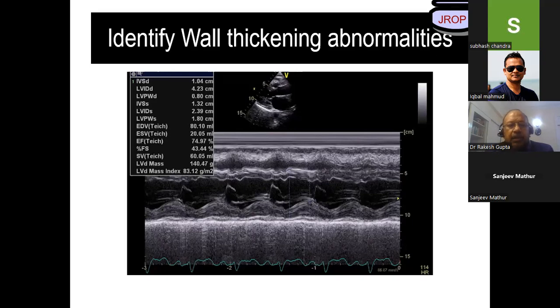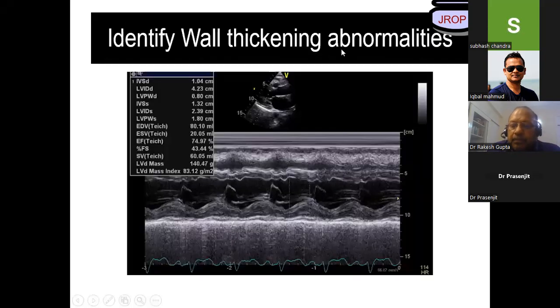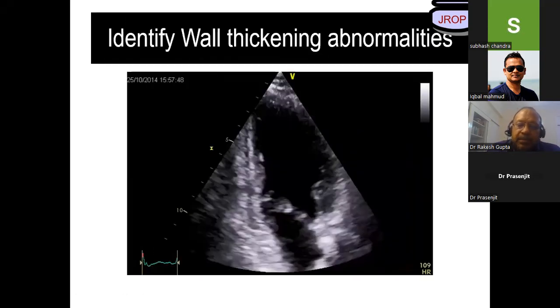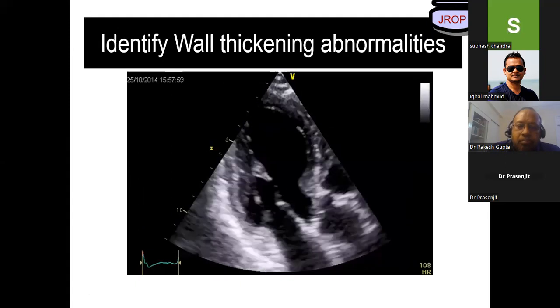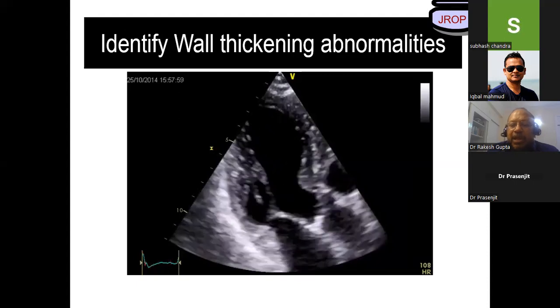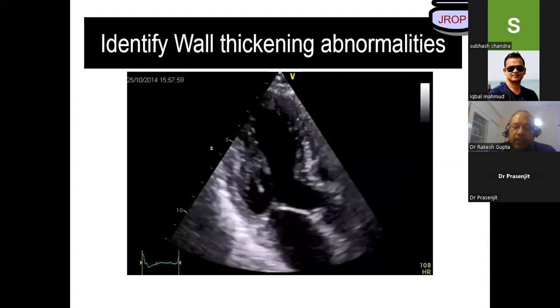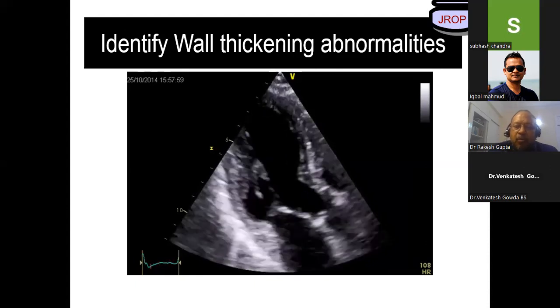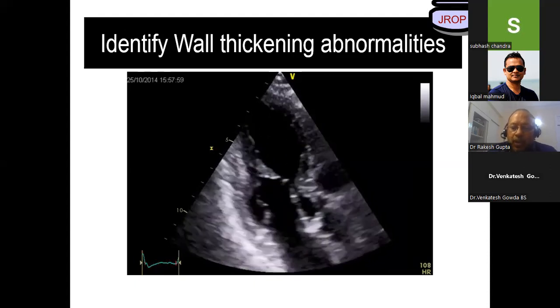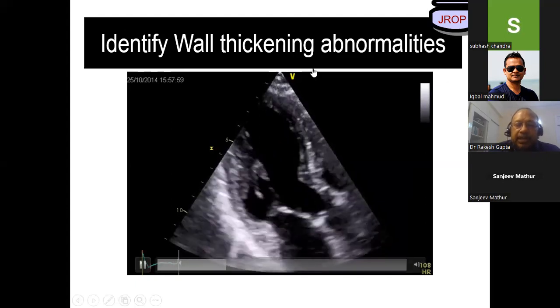Okay. So I'm going to now tell you why this is not MI. Same LBBB, right? This is not MI. Suppose this is anterior wall MI. What would be the wall thickening abnormalities? It is anterior wall, inferior wall, septum, lateral wall, apex, right? Correct.